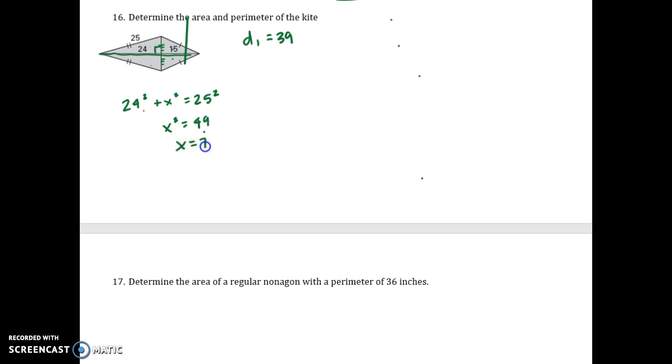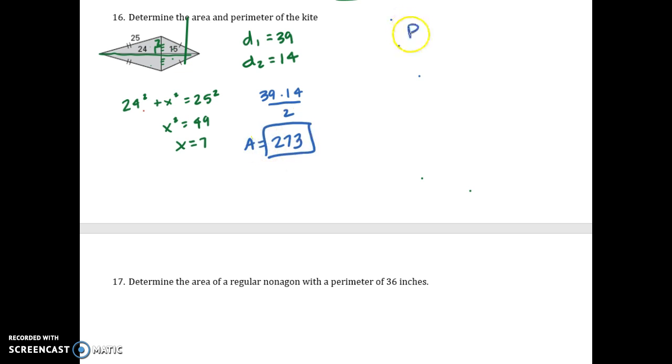So x equals 7. So that piece is 7, which means your whole diagonal 2 is going to be 7 plus 7, which is 14. So your area is 39 times 14 over 2. And you get 273 for your area.